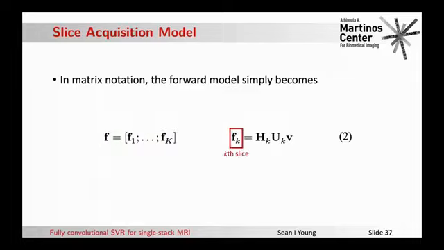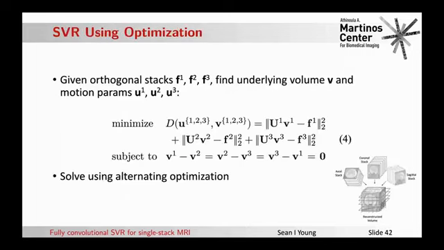Basically, you get this model where the underlying volume goes through some motion and then gets sliced. And if you stack all of these 2D slices together, then you get this F, right? Although previous authors haven't expressed it this way, it turns out that you can write whatever optimization approaches do as an alternating optimization problem.